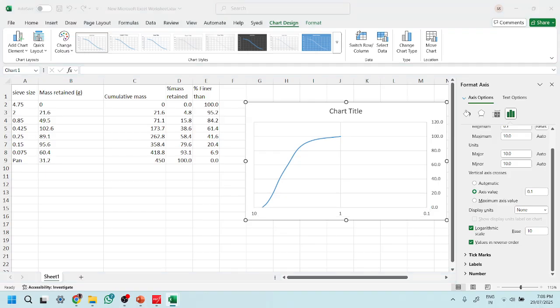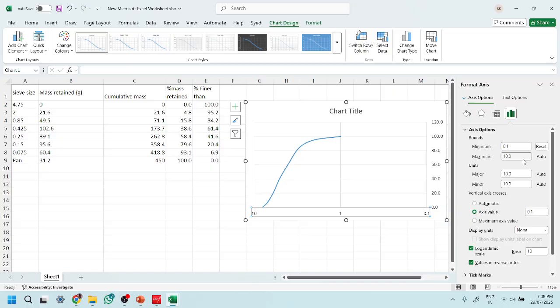Just a moment. Let us take 3 cycles. Taking percentage finer.